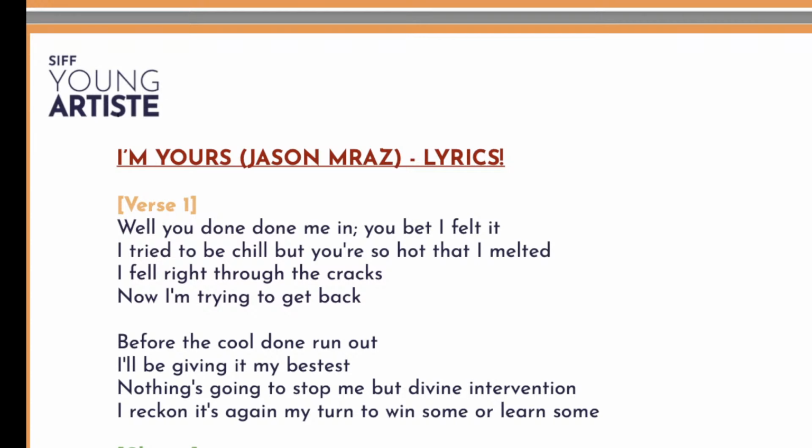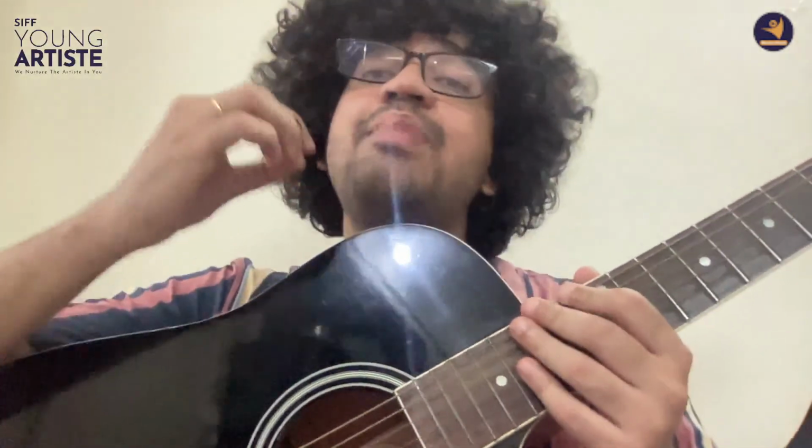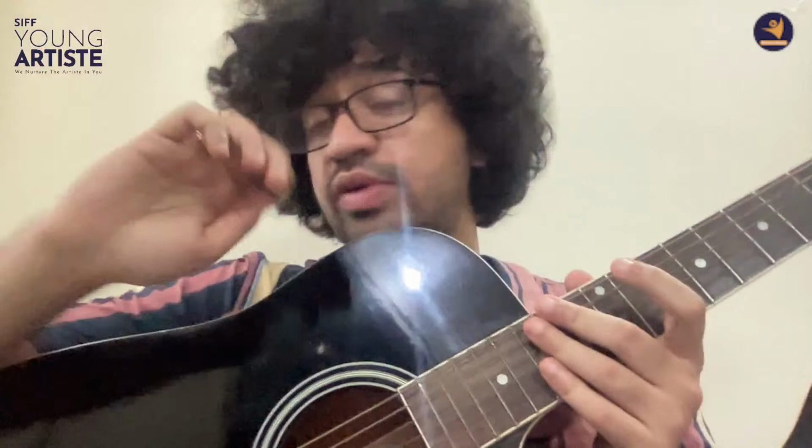Again, a very similar rhythm. Na na na na na na na na na na. In the next two lines, slow down in rhythm. I fell right through the cracks. So it's more spaced out from line 3, and then now I'm trying to get back. So it has that back, that variation in the end, the harkat sort of singing.